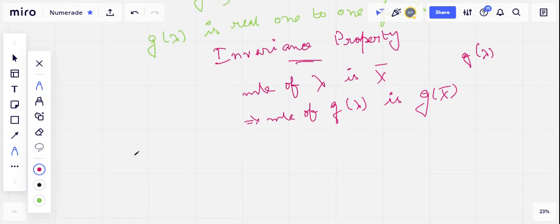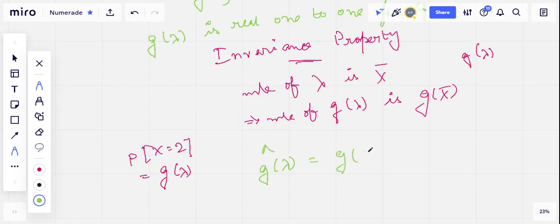Okay. Now, MLE of probability X equals 2, this is g(lambda). Now, MLE of this probability X equals 2 is g(lambda hat) equals g(x bar), that is e to the power minus x bar, x bar square, whole divided by 2.